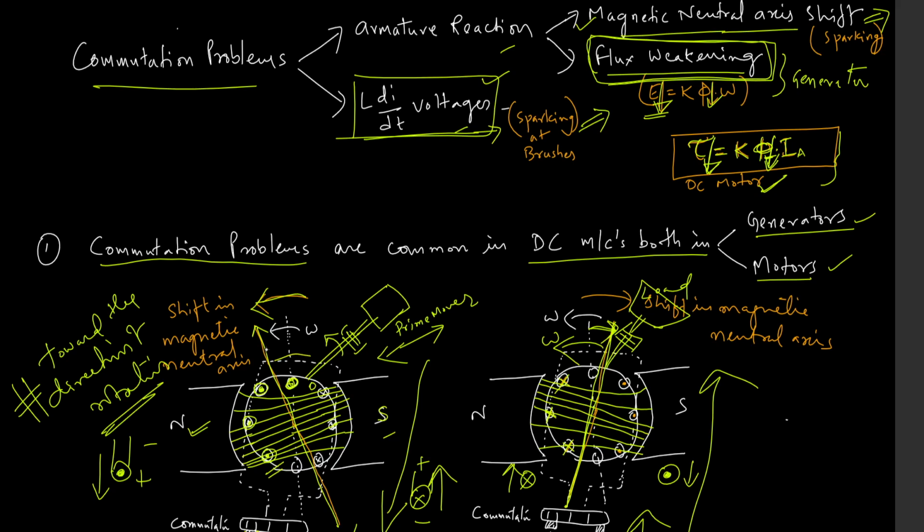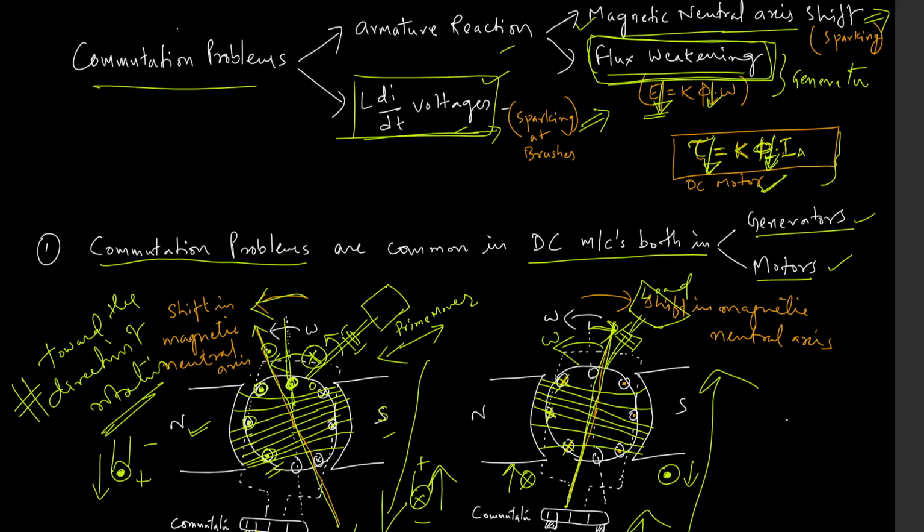So the coil is coming from under the influence of the south pole to the north pole. Earlier it had a current direction like this. Now under the north pole it has to change its direction, from this direction to this direction, and this is going to happen at the neutral axis.